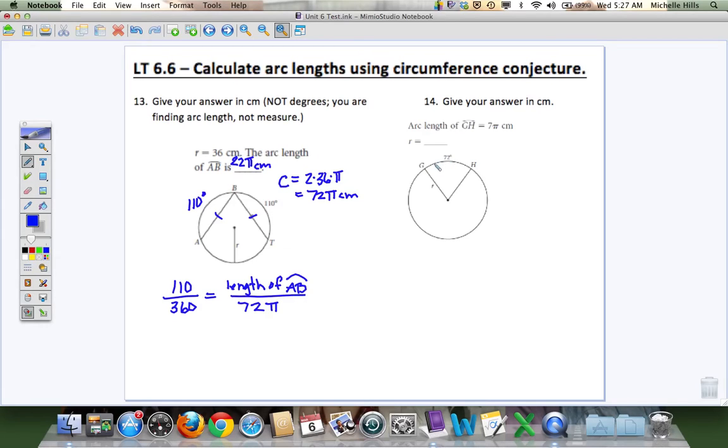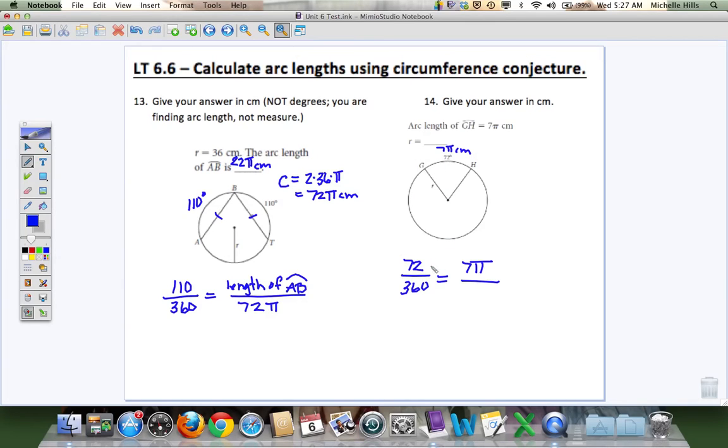First of all, they show me that this is a 72 degree arc, and they tell me that the length of it is 7 pi centimeters. So 72 degrees is to the entire circle as the length, 7 pi, is to the circumference.